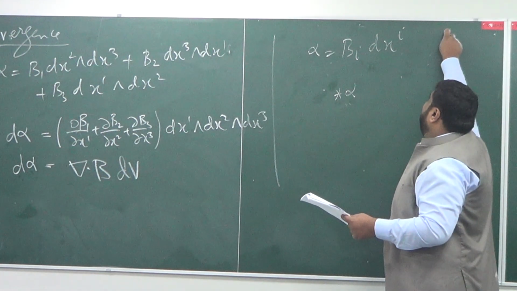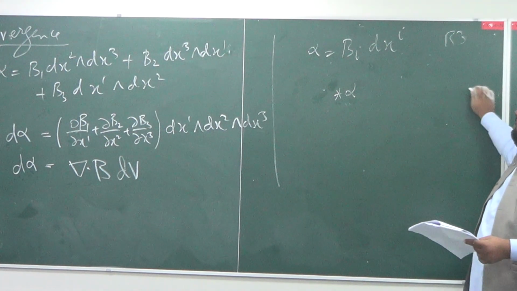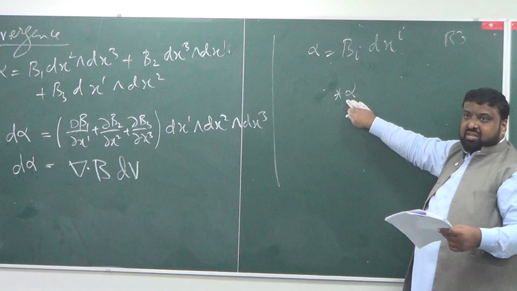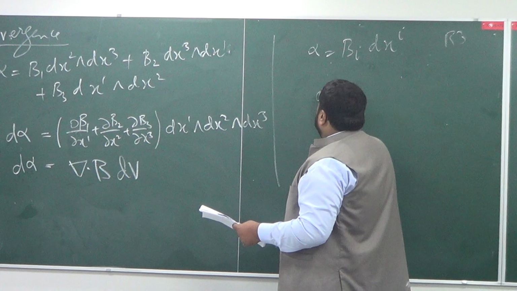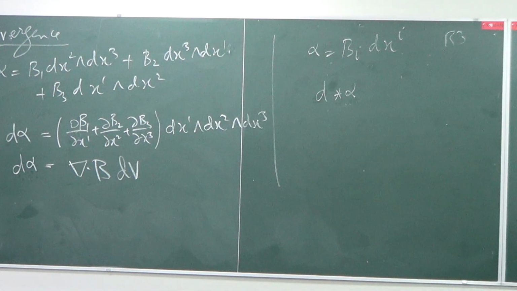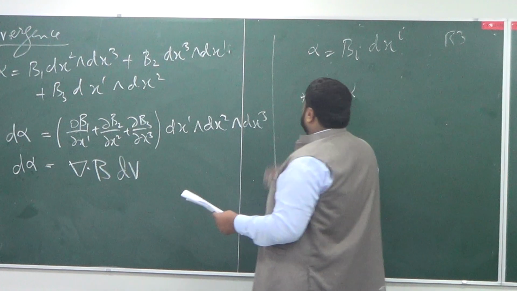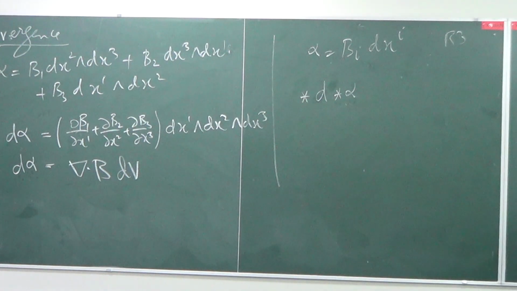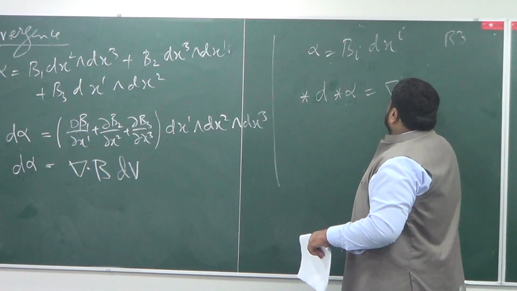If you are in R3, it goes to a 2-form. So that would be a 2-form. And now I'm operating d on it, you're going to get a 3-form. And now again operate star on it, it goes to a 0-form. You're going to get a zero form out. And that zero form is the divergence.